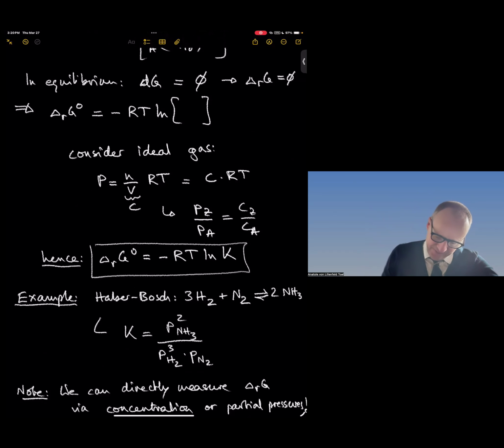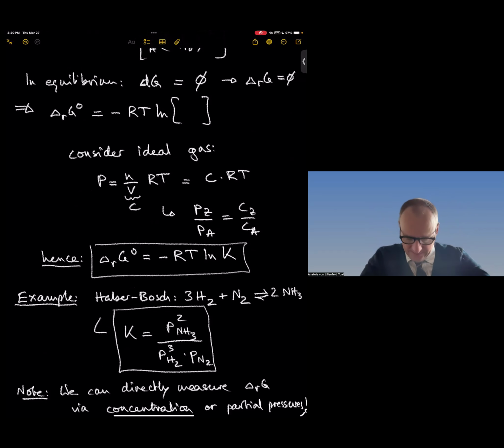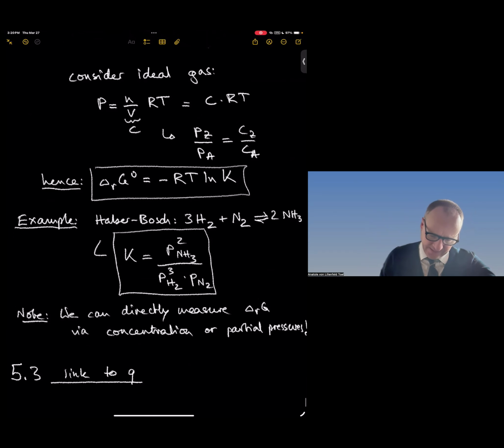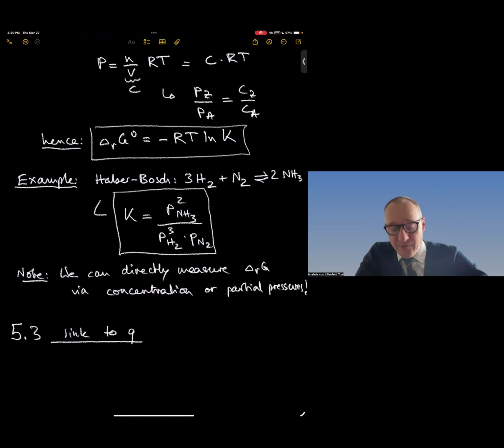So we had briefly discussed this for the example of the Haber-Bosch process. And this is how it's linked to the free energy. And now, today I'd like to discuss how this K, the equilibrium constant, is more explicitly linked to the partition function Q. So this is subsection 5.3.